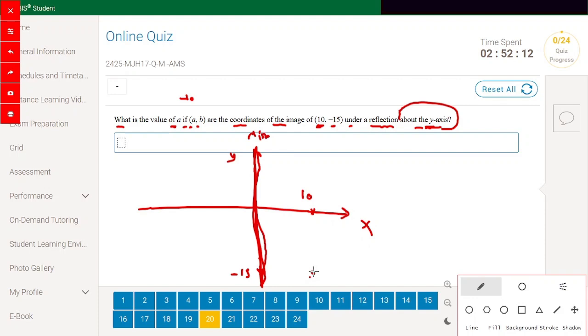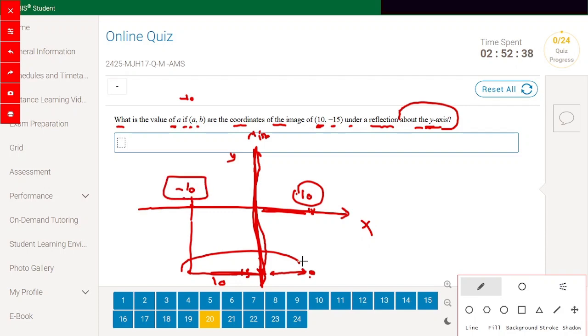This point is 10 units from the y-axis, the mirror, so the image of this point will also be 10 units from this mirror. 10 units from the y-axis means here it will be -10, and y will be the same, -15.